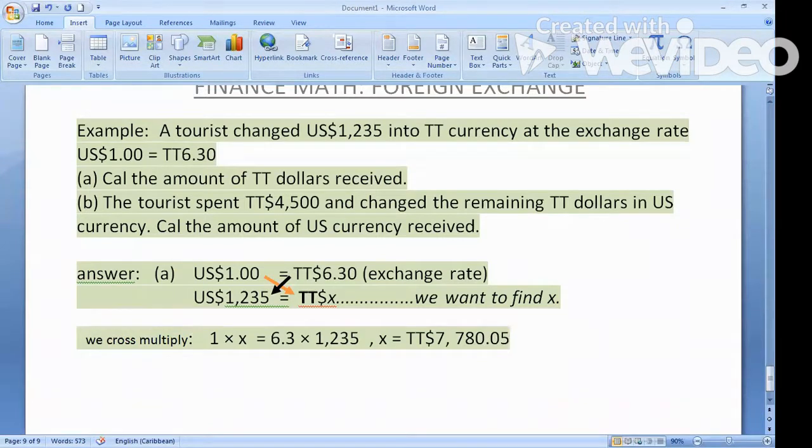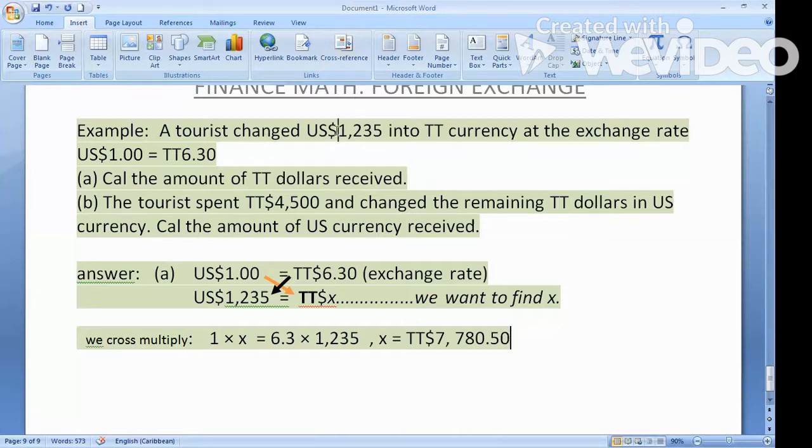No, not 0.5, 50. 7,780.50. Yes, so that's the answer for the first part.